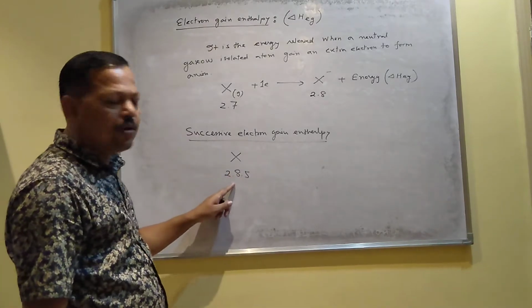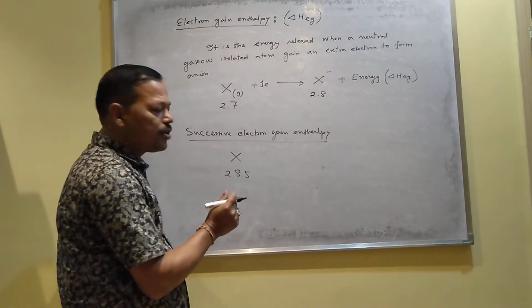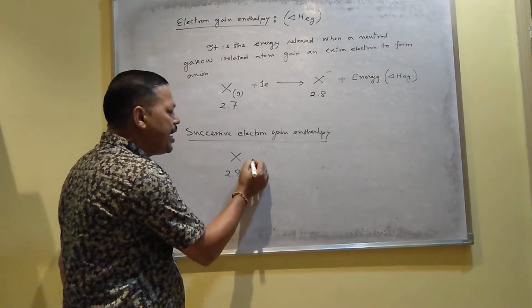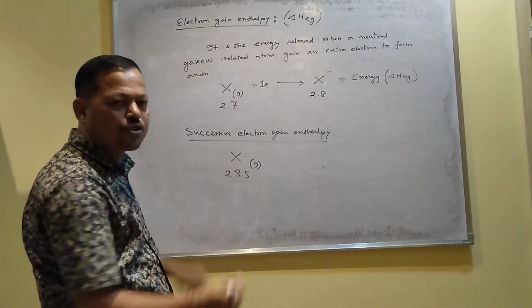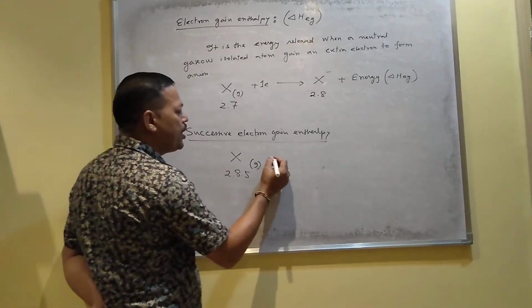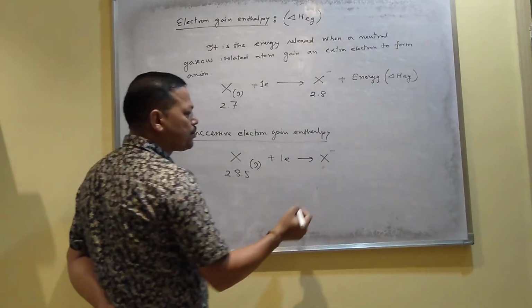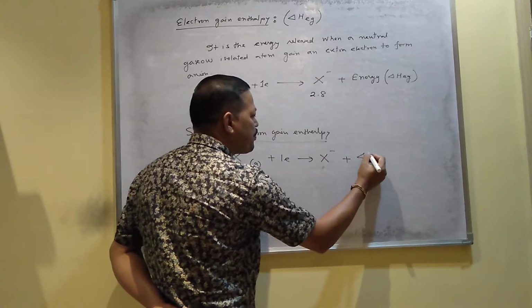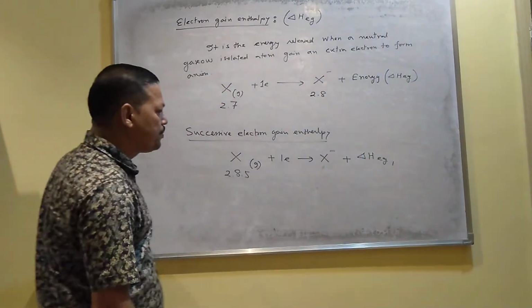To make it stable, it should gain 3 electrons, and the atom gains the electrons one by one, not 3 electrons together. So first time it will gain 1 electron, then it becomes X minus, and it releases one energy which is represented by delta Hg1, I mean first electron gain enthalpy.